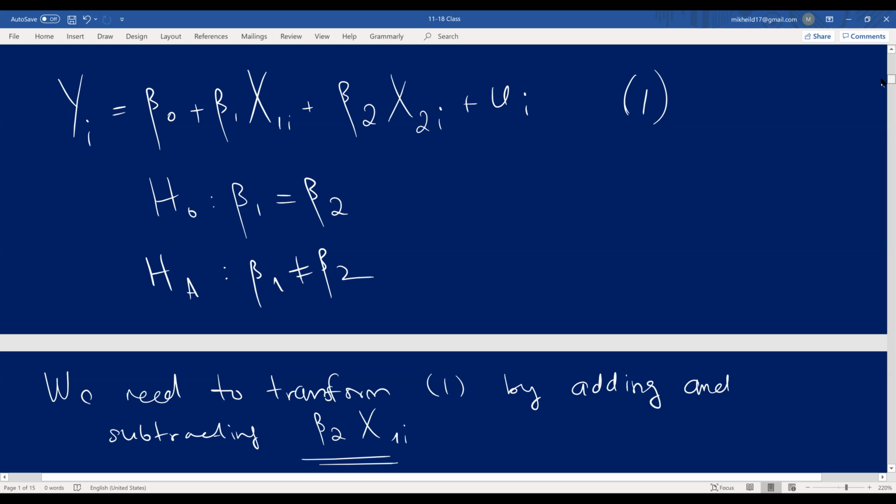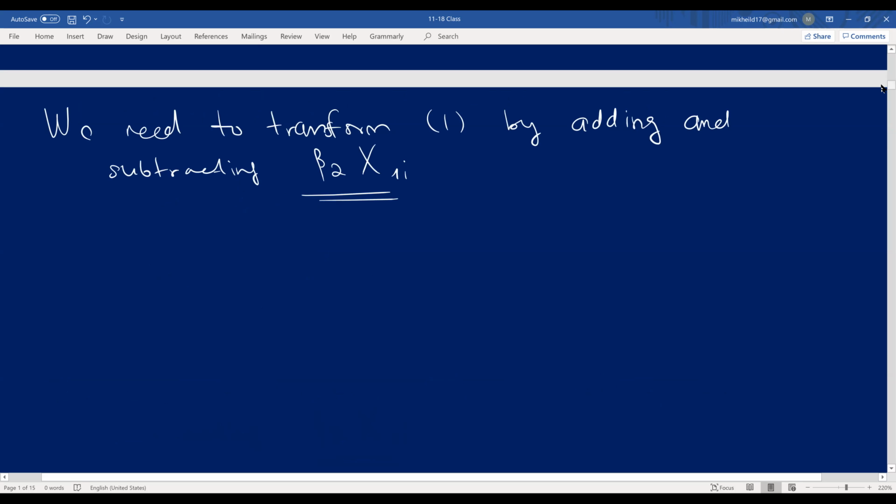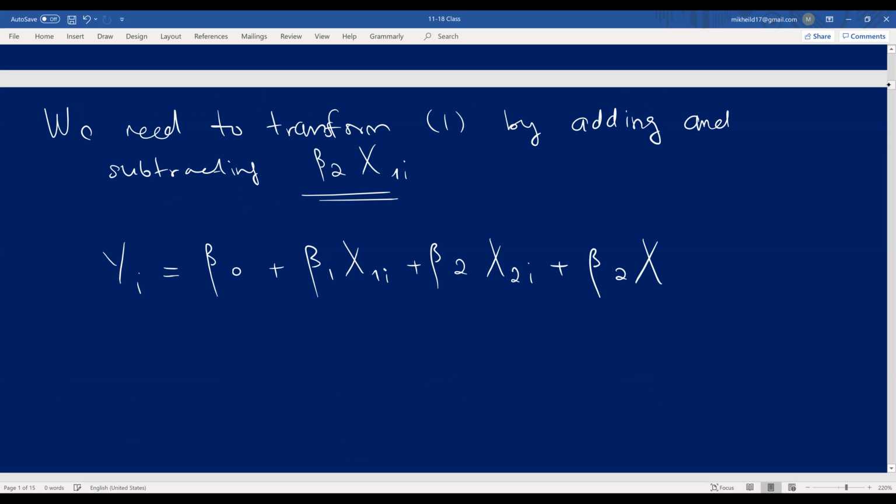So what do we have then? Beta 0 plus beta 1 x1i, yes, then plus, this is what we have right now.